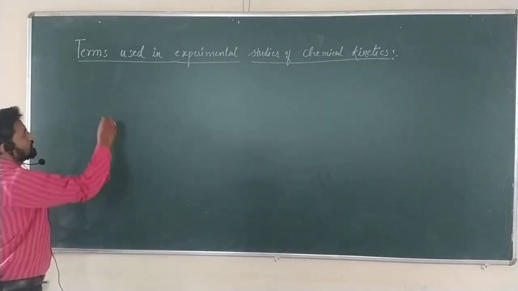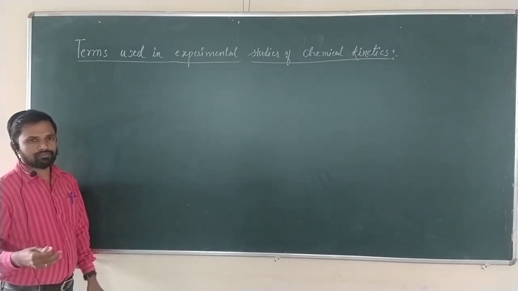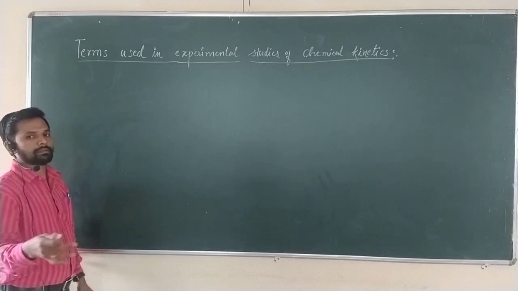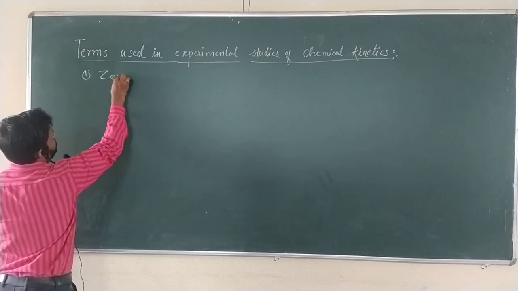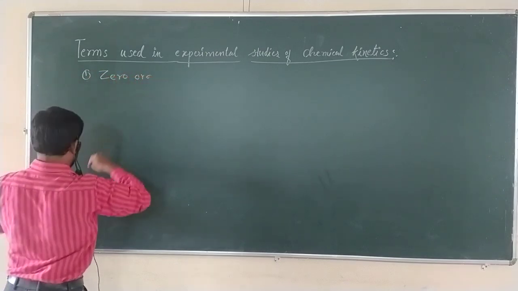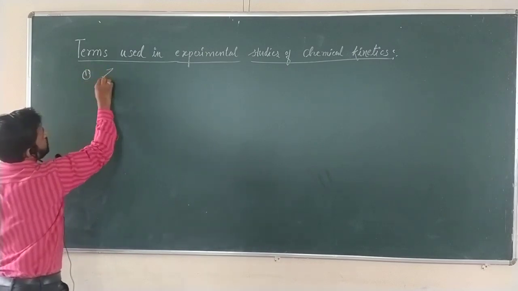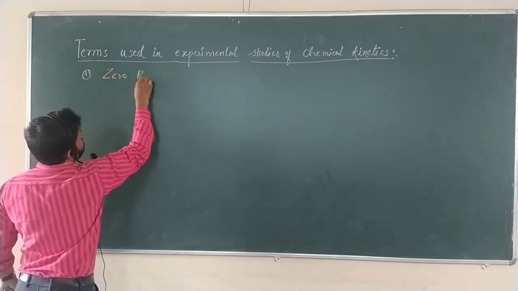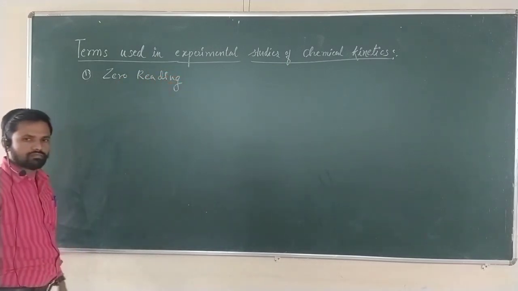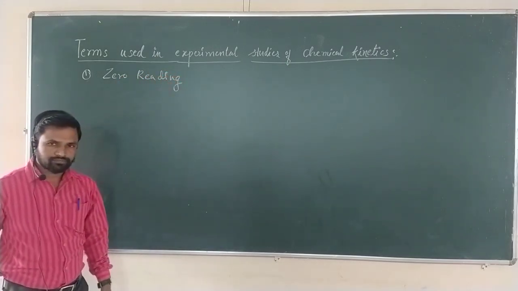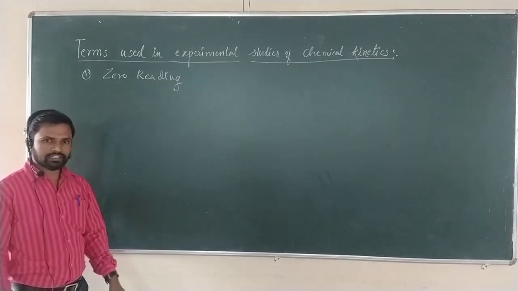Generally, there are three important terms which we study using the chemical experimental methods: zero reading, infinite reading, and half-life period, which we already studied.